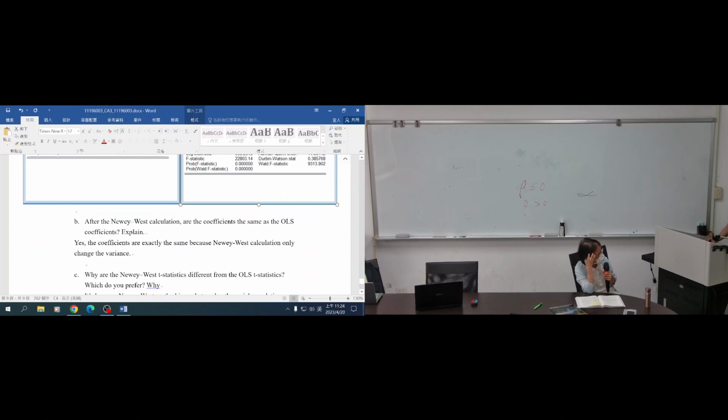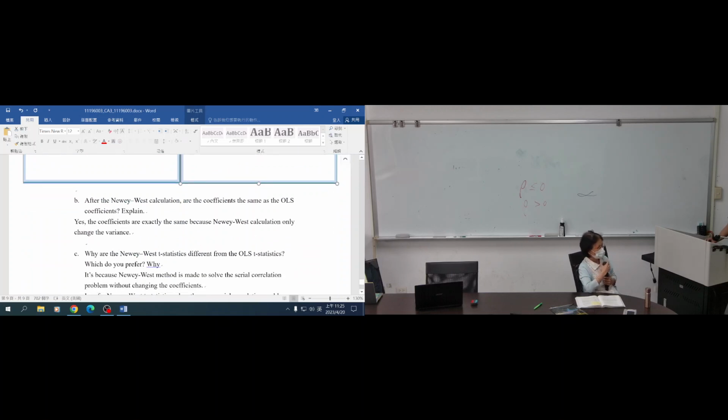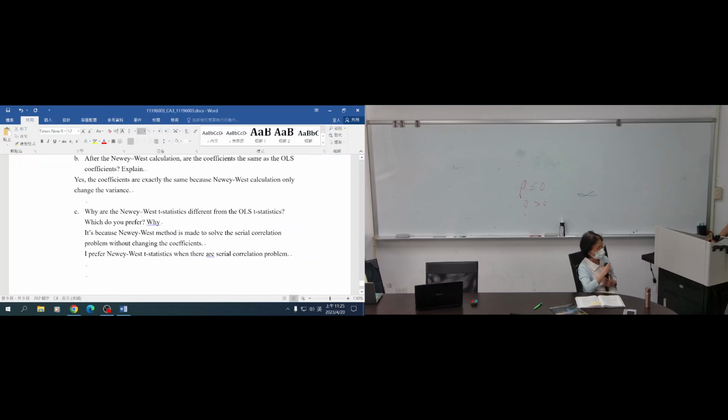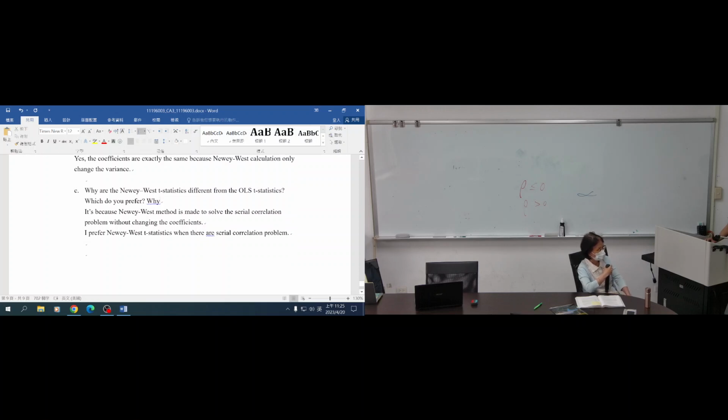Okay. So here it's just asking about the coefficient, and this one is asking about the statistic. It says which do you prefer? I'm not quite sure what this question is asking, but probably it's asking about the method between GLS and Newey-West, right?